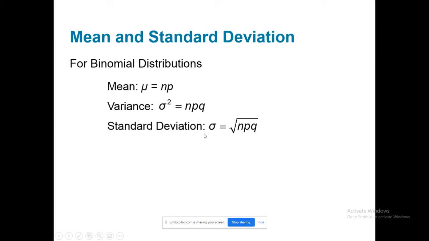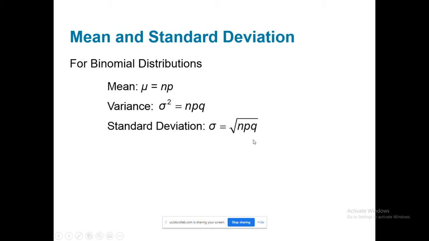The standard deviation, which is sigma, is equal to the square root of n times p times q. We've already determined that n was the number of trials, p was the probability of success, and q is the probability of failure.